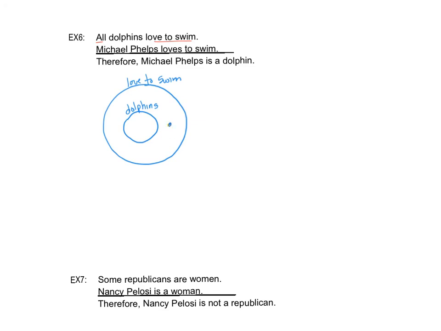I'm going to put Michael Phelps, and I'll just do MP for Michael Phelps, inside the set of things that love to swim, but outside the set of dolphins. So notice that all dolphins love to swim. True. Michael Phelps loves to swim. True. The conclusion, therefore, Michael Phelps is a dolphin. False. This is invalid.